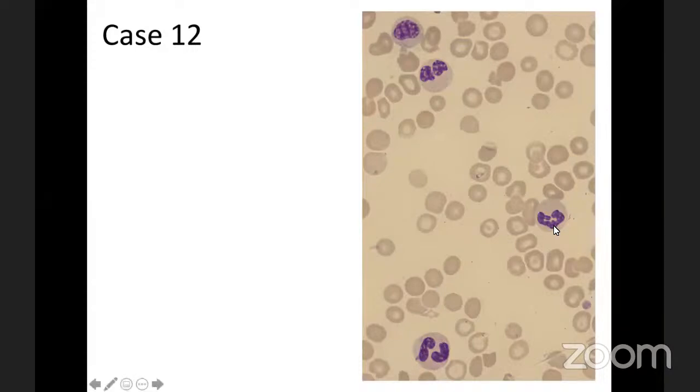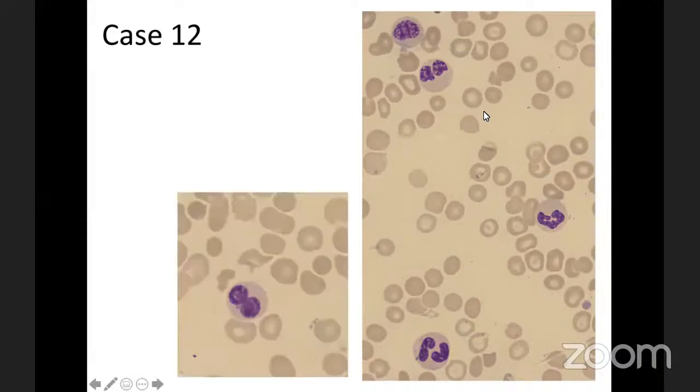You have a band, and you can see that we have a thrombocytopenia. This is also a bilobed neutrophil, although we don't see the thread connection, but mostly a bilobed or abnormally lobulated neutrophil.